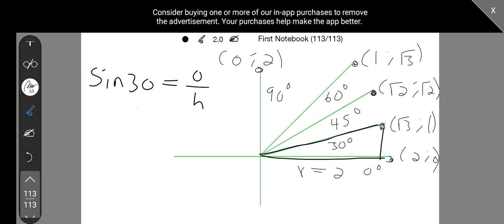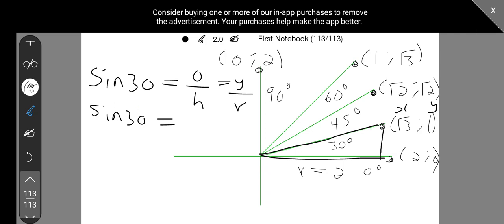So this means that this is x and this is y. Remember, opposite is the same as y over r. So sine is equal to y over r, cos is equal to x over r, and tan is equal to y over x. So sine 30 is equal to opposite.